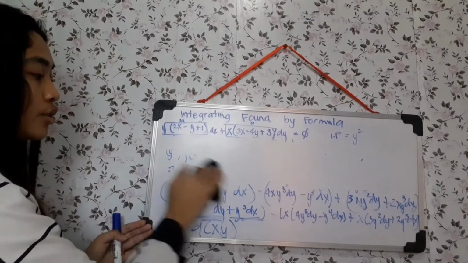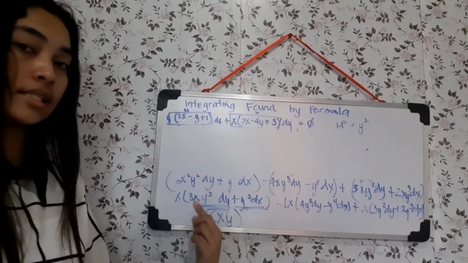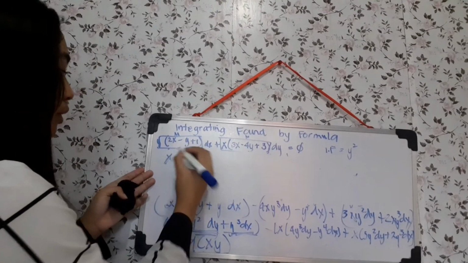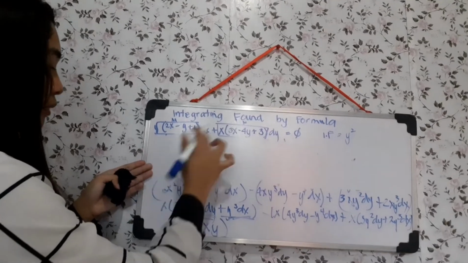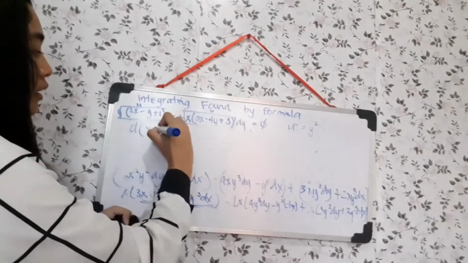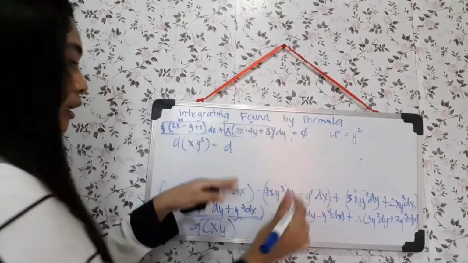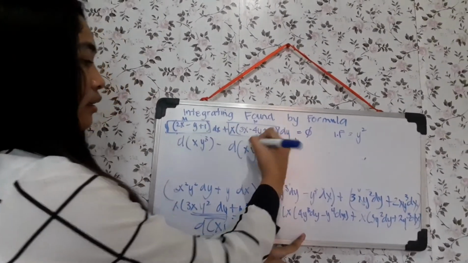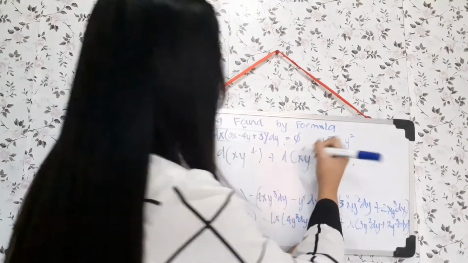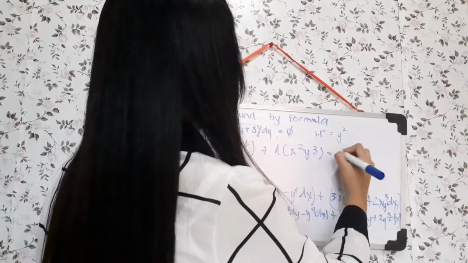Now we can use this formula as a replacement for this equation. So it becomes derivative of x y cubed minus derivative of x y to the fourth plus derivative of x squared y cubed equals 0.